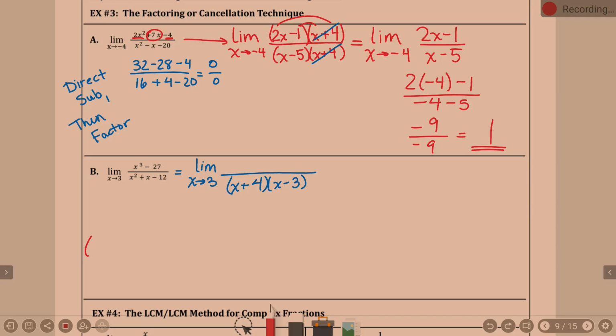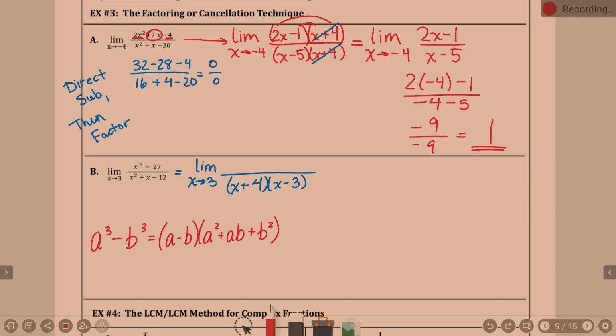X minus 3, that's going to be one of the factors. Cube root, then x squared plus 9. You're getting there. You're on the right track.